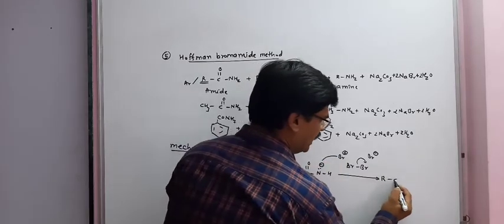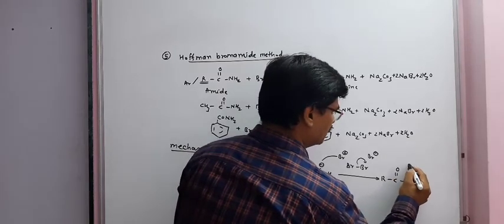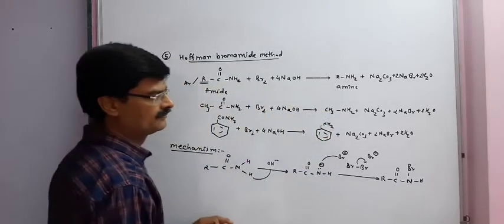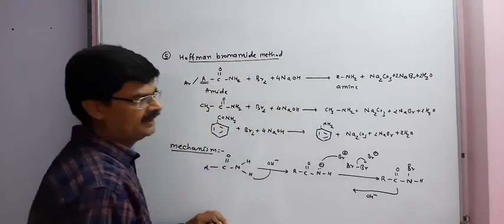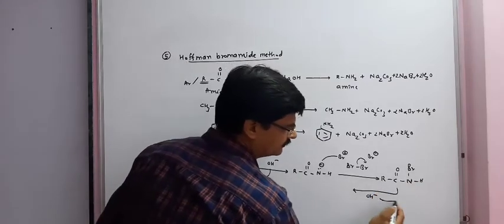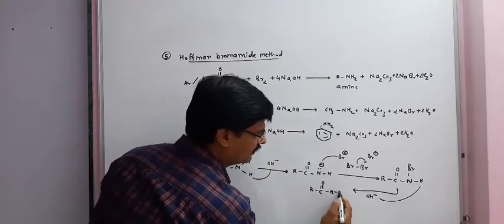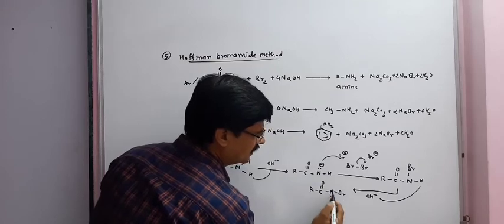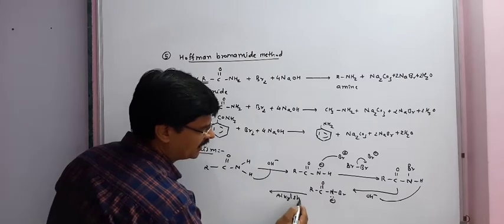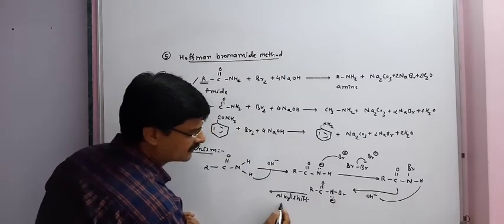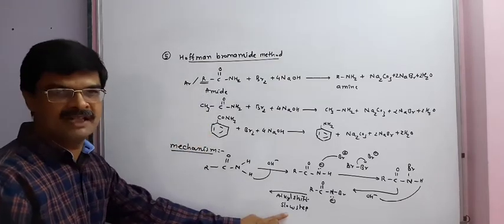We will get RCONBrH. Again there is attack of OH minus on this hydrogen, and we get RCONBr. Now the alkyl shift takes place, and this is the slow step, so it is also the rate determining step.